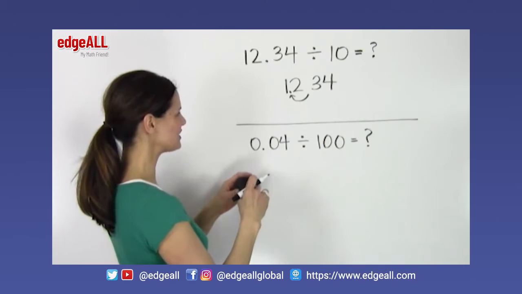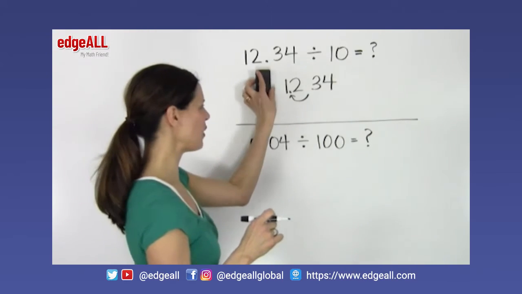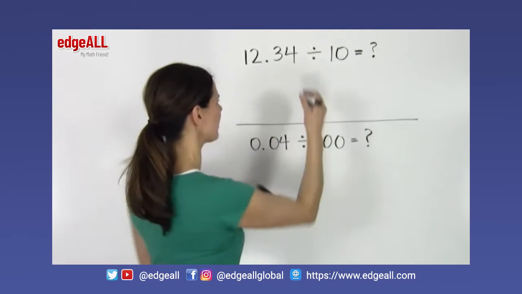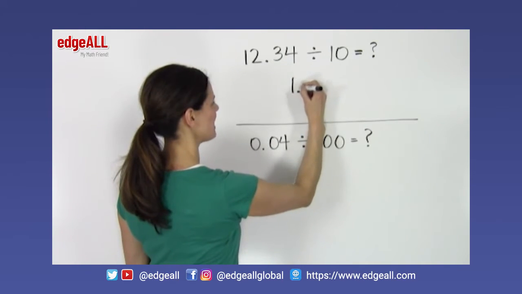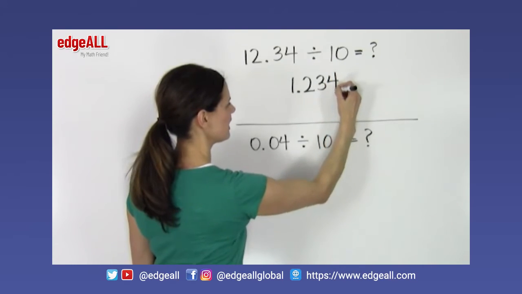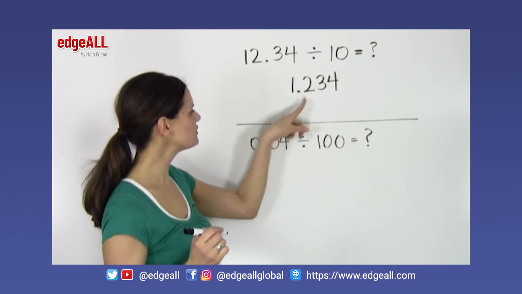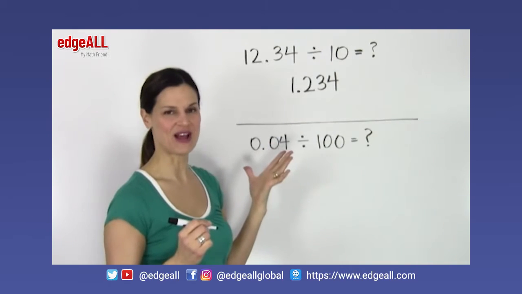So my answer to this problem, I'll rewrite it so it's a little neater, is 1.234. And now you can see that each digit has moved down one place value.